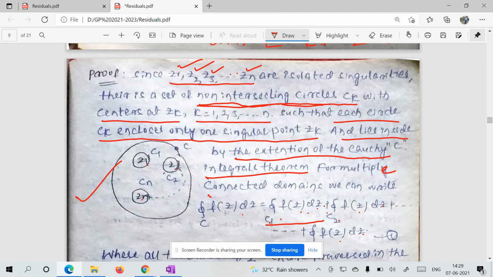The centers are zk: z1, z2, z3, ..., zn are the centers, and C1, C2, C3, ..., Cn are the circles.